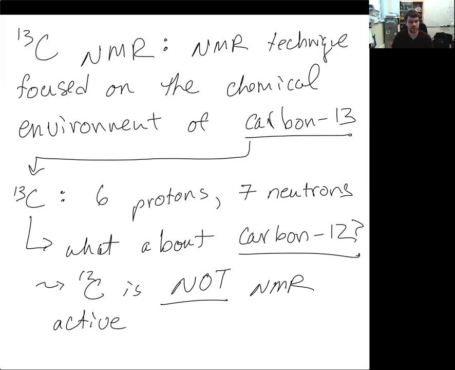And there's a physical reason for this. We're not going to go into it right now, but it just turns out that if you put carbon 12 into an NMR instrument, the instrument can't learn anything about the carbon 12. It can't image anything about the carbon 12.